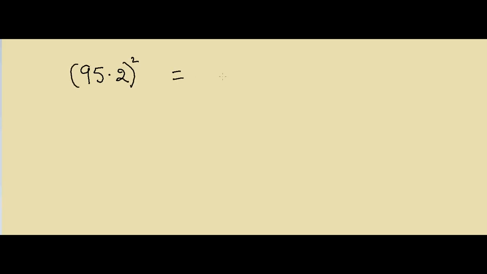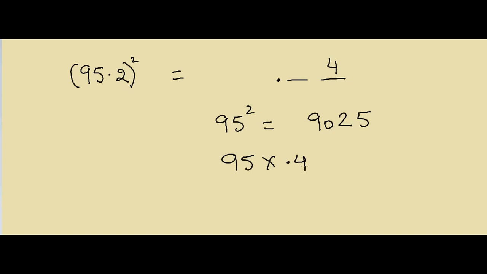So again, in this case, this is 4, this is point, and then 95 square is equal to 9 into 10, 90, 25, and 95 multiplied by 0.4 will be equal to 190 into 0.2, and that will be equal to 19 into 2, that's 38.